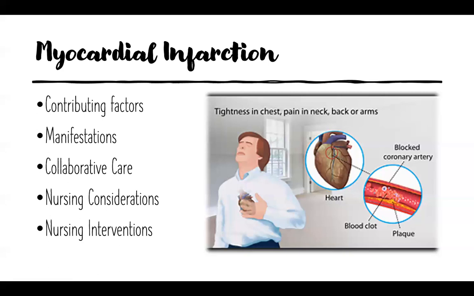Now, later on, and let me just backtrack for a second. When I mentioned all of those medications and the interventions, I want you to also be aware of MONA, like Mona Lisa, and that stands for morphine, oxygen, nitroglycerin, and aspirin. Now, of course, if the patient is allergic to any of those medications, you would not administer.